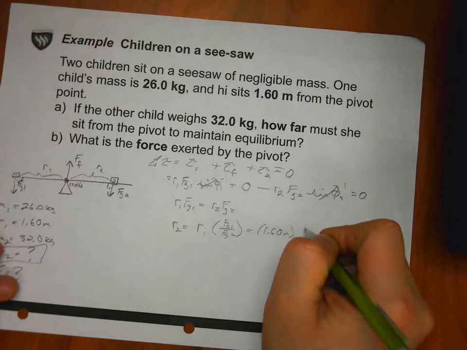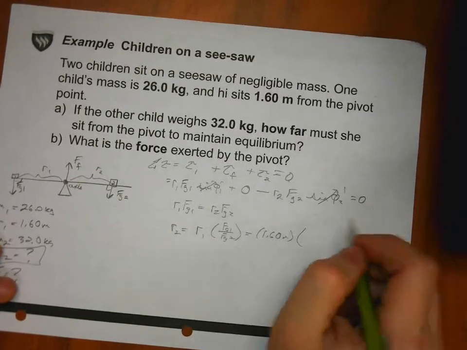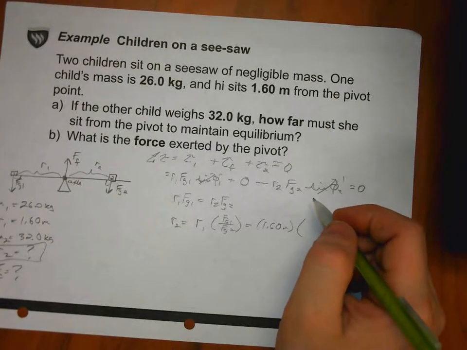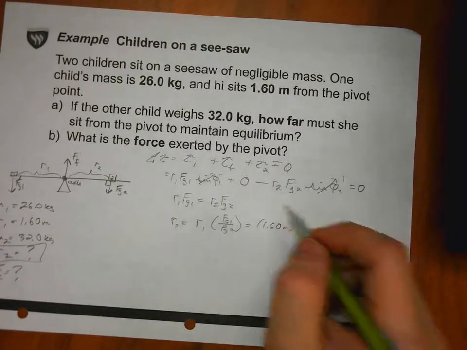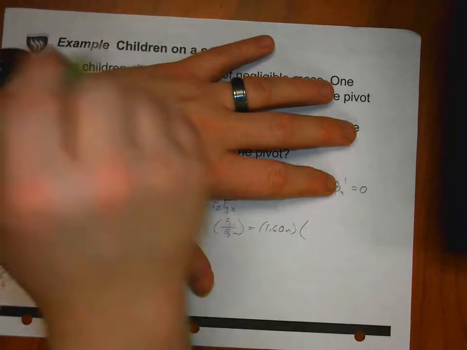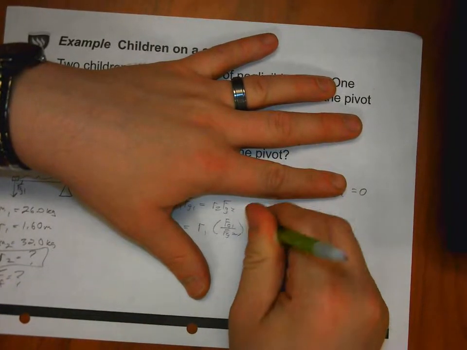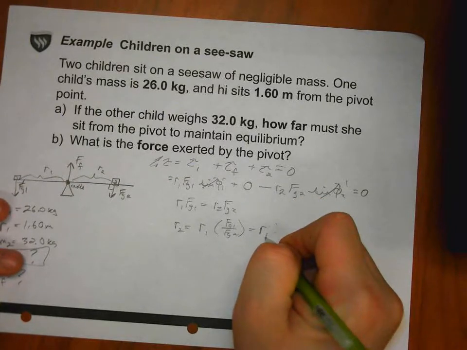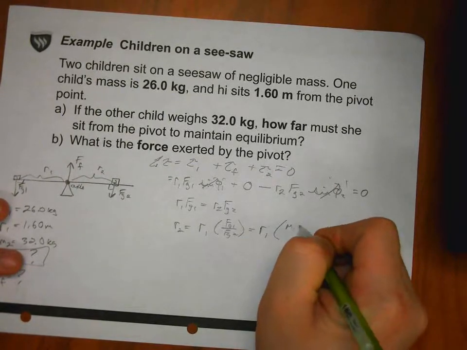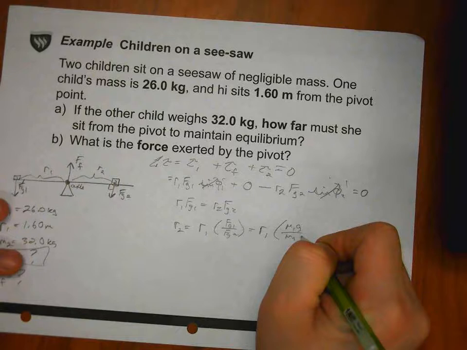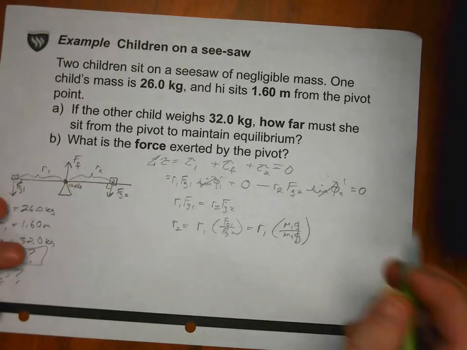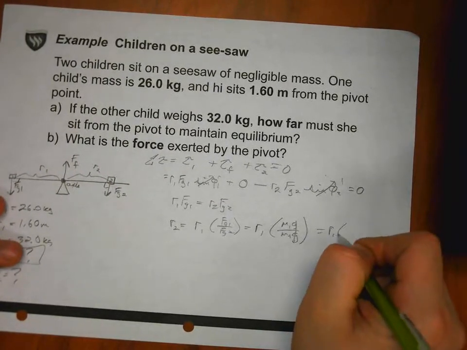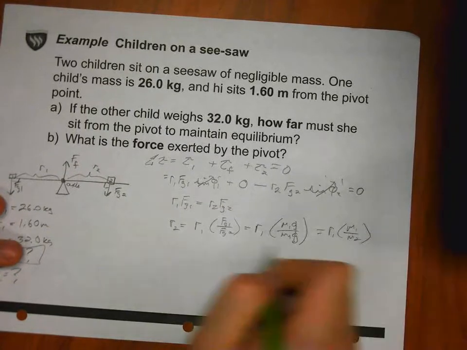Equals 1.60 meters times Fg, well, excuse me, let me back up here just a second before I plug in numbers. We don't have the weights, we have the masses. So that's R1 times M1g over M2g. The g's cancel. So it's R1 M1 over M2.